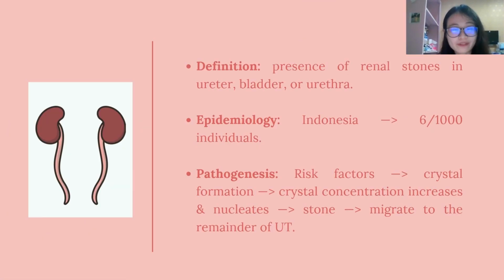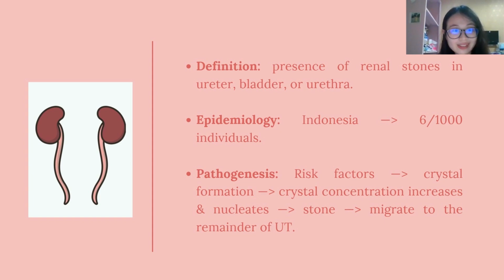Urolithiasis is the presence of stones in the urinary tract. In Indonesia, the estimated prevalence of kidney stones is 6 out of 1,000 individuals. Several risk factors include diet, such as low oral fluid and calcium intake; medical history, such as gout and diabetes mellitus; medication history, such as ceftriaxone; family history; and environmental factors, such as lead and cadmium exposure.